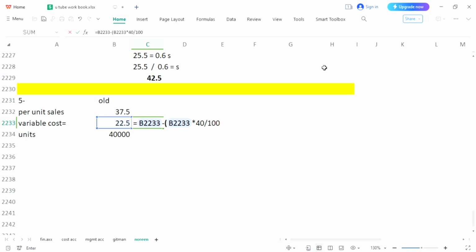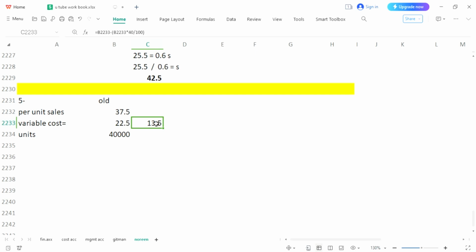So understand it, this is your variable cost 22.5. Since you are slashing this variable cost, you will subtract 22.5's 40% from the original variable cost, and the answer would be the new variable cost, which is 13.5. So the original was 22.5 and you have decreased it to 13.5.